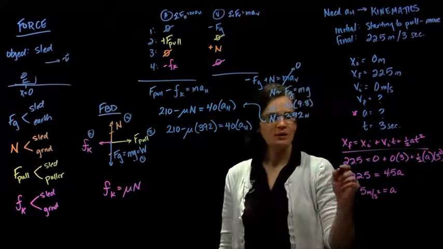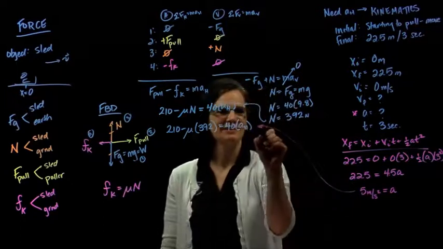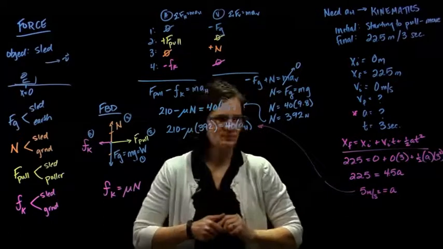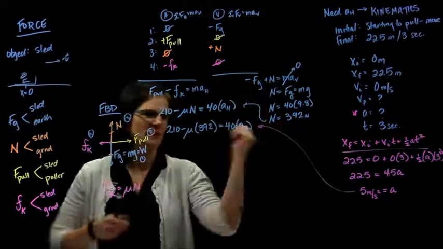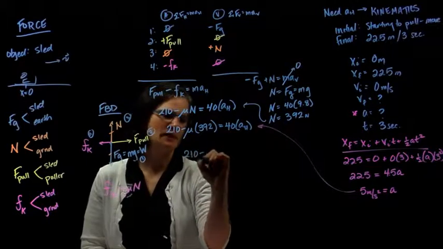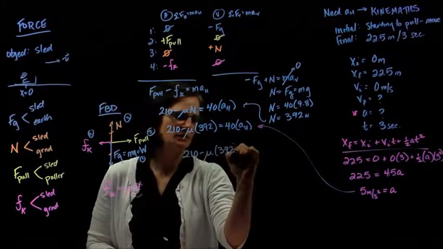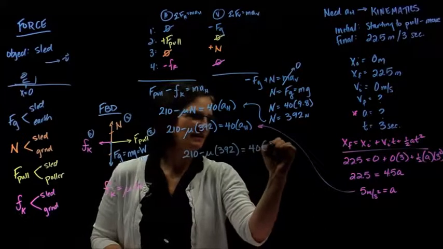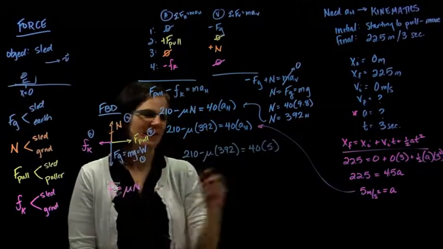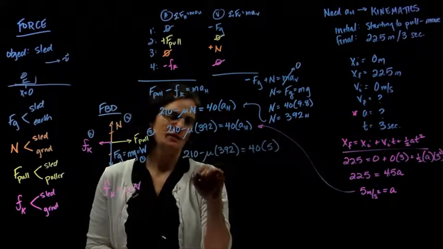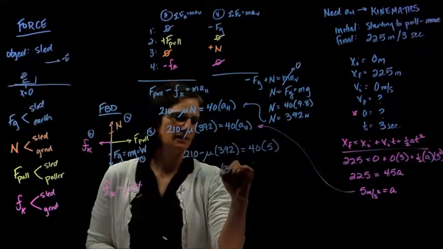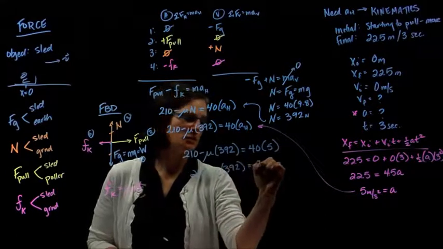So now I can use my acceleration in my relationship, and I can solve for mu. So we have 210 minus mu times 392 equals 40 times 5. Doing that algebra, we see that 210 minus mu times 392 is equal to 200.